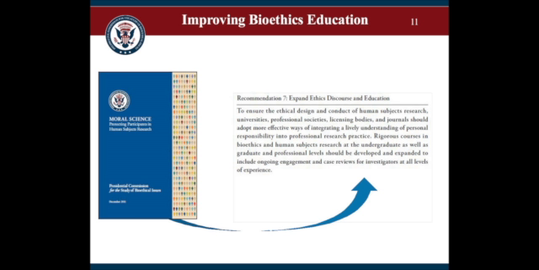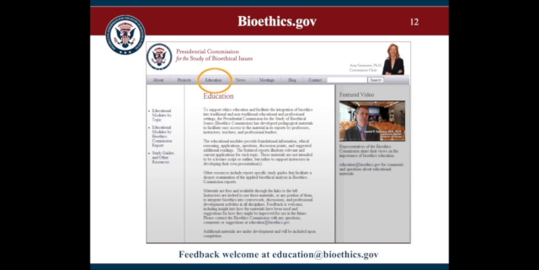They recommended that rigorous courses in research ethics occur at all levels, including undergraduate, graduate levels, and the professional level, where ongoing engagement of investigators occurs at all levels of experience, including not just where we teach people about a research ethics course or responsible conduct of research course, but where ethical education is infused throughout. So, given that, we've gone to work here at the Commission developing materials based on the Commission's own work.